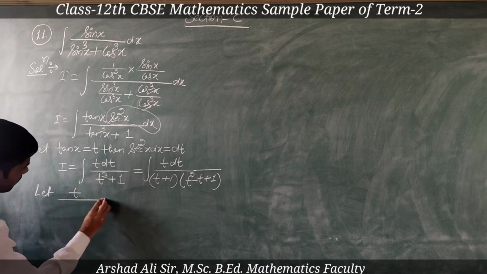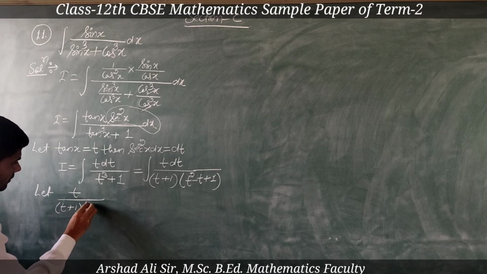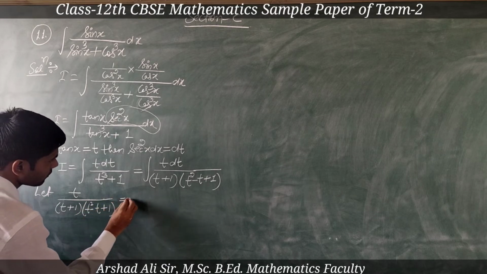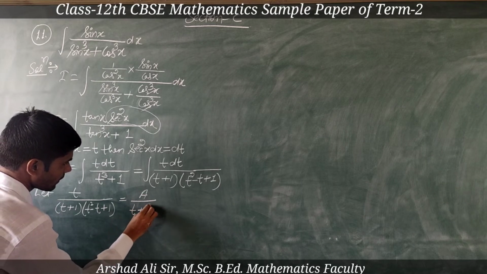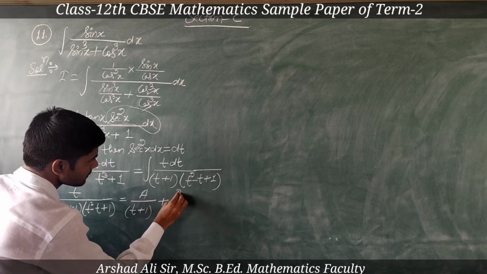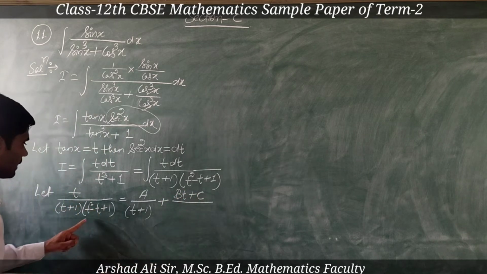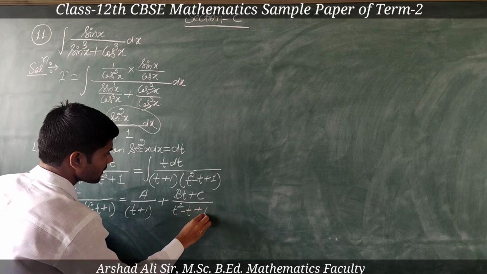t upon (t plus 1)(t square minus t plus 1) is equal to a upon t plus 1 plus (bt plus c) upon t square minus t plus 1.